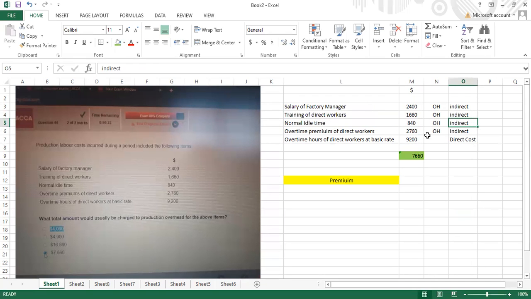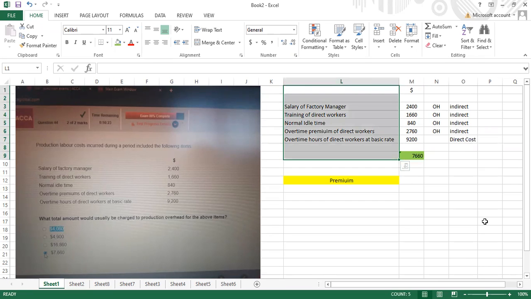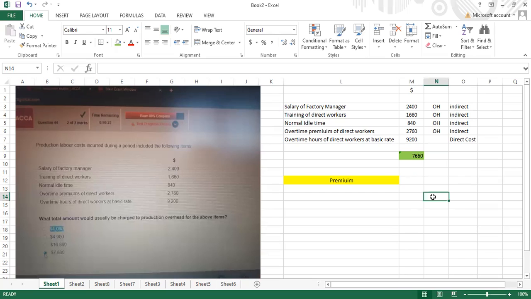Overtime premium of direct workers is also indirect, and overtime hours of direct workers at basic rate is direct cost. You would understand this better when we solve many questions on this chapter. I'm just giving you this short trick: make notes and remember these points. Mostly in the exam these are the things that are given. It's a very nice question; if you tackle this, you can easily solve it in the exam, get full marks, and you will not make it wrong.